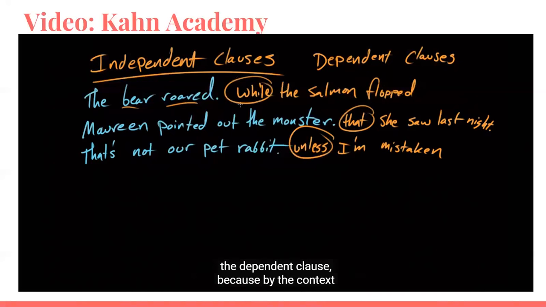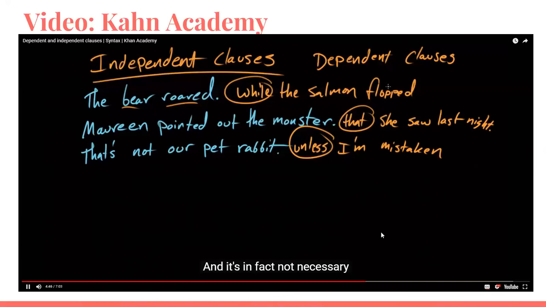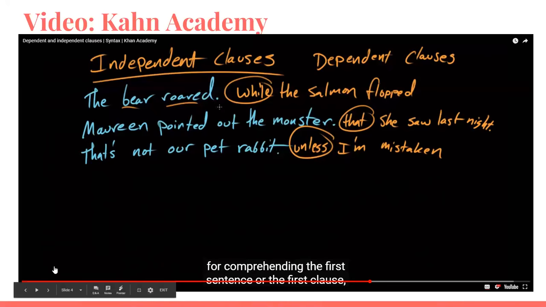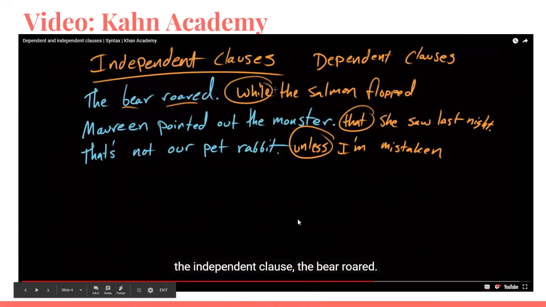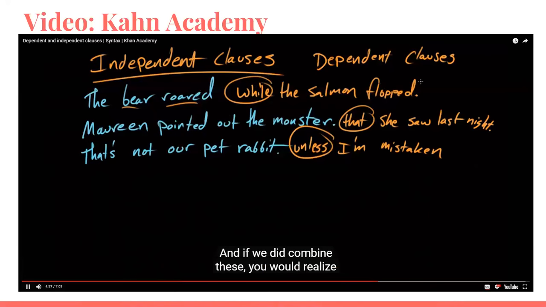Because by the context of this sentence, while the salmon flopped, something else was going on, right? This is kind of like background information. And it's in fact not necessary for comprehending the first clause, the independent clause, the bear roared. And if we did combine these, you would realize that the salmon flopped is just background information.